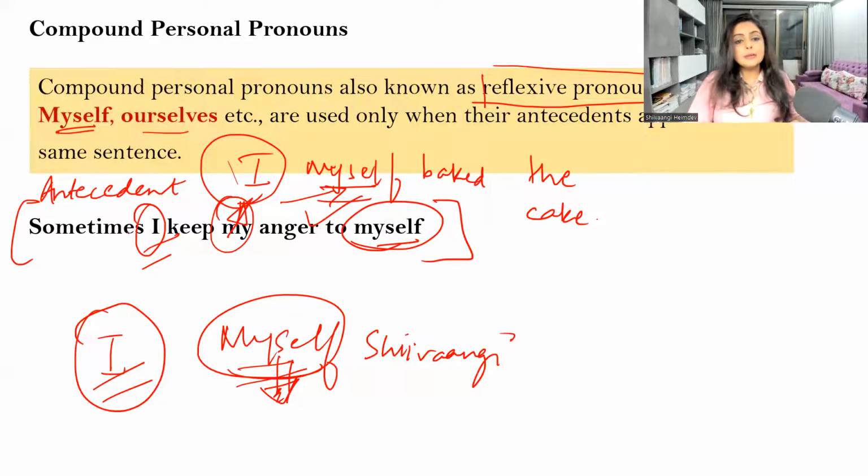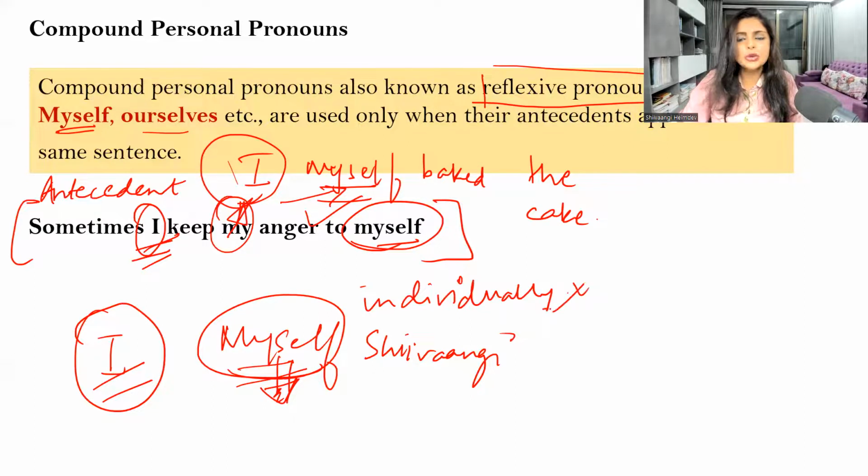So here I have I. But when I say "myself Shivangi," I do not have an antecedent. I do not have anything as a base which can be reflected upon. So using myself in isolation, using myself individually, is absolutely incorrect, friends.